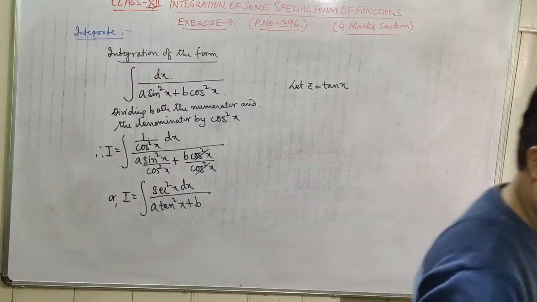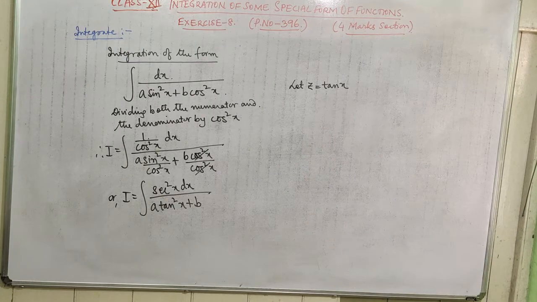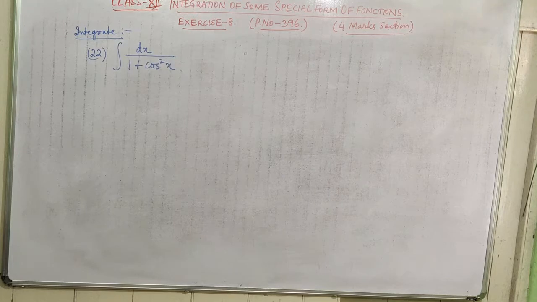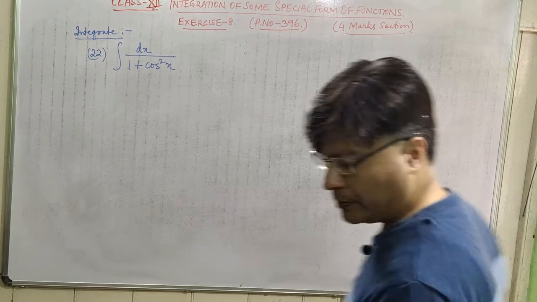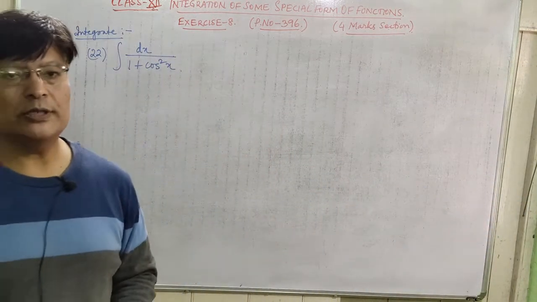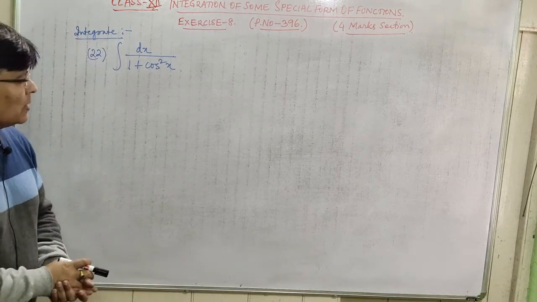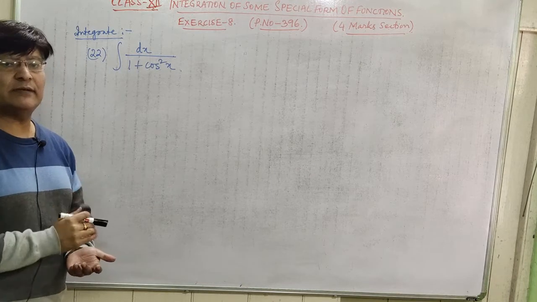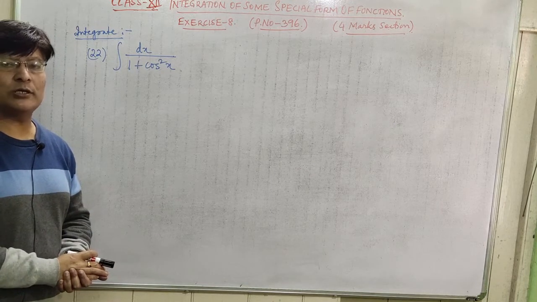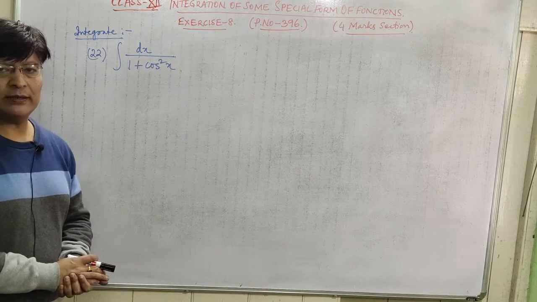Okay, so let us do related problems of this type of integration. So you can copy it. So now we'll do question number 22. So let us evaluate this integration, that is integration of dx divided by 1 plus cos square x.